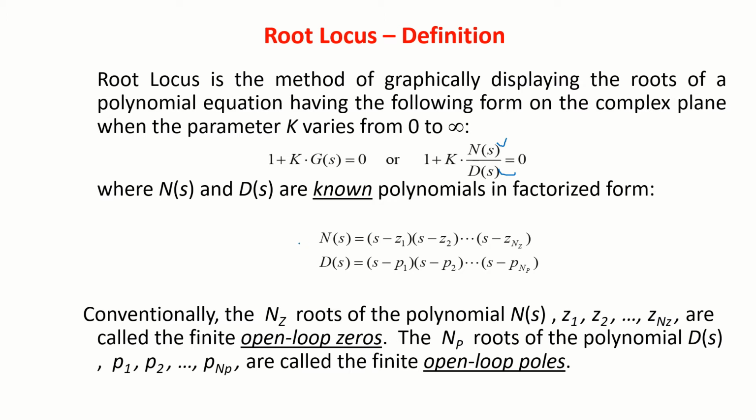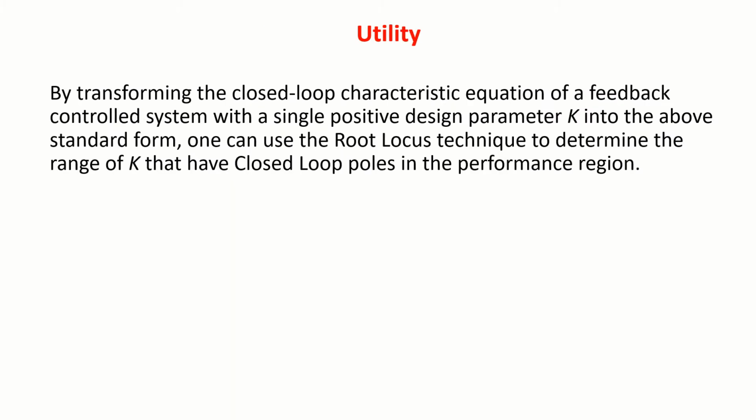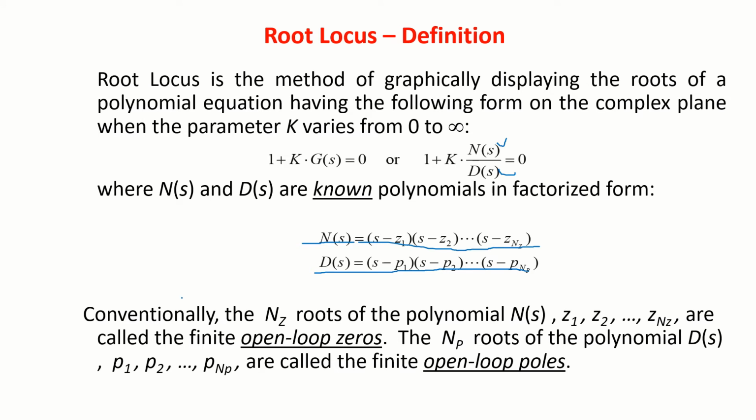In the numerator, you will have zeros, and in the denominator, you will have poles. Right? So now we have to find out the roots of polynomials. Right, these are known as open loop zeros. These are known as open loop poles. Then when we get the characteristic equation, we get the closed loop poles.